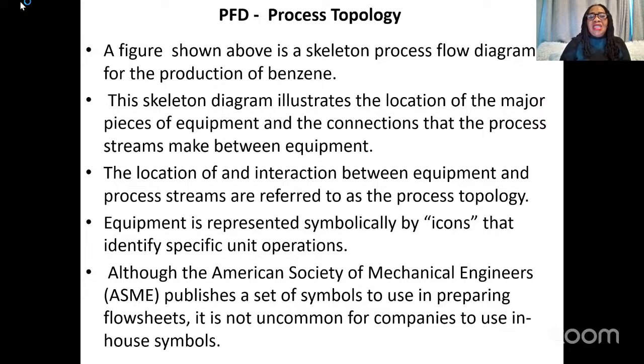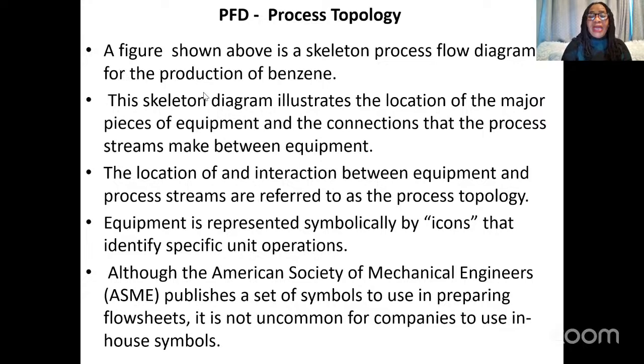The skeleton diagram, like the diagram I showed you, illustrates the location of the major pieces of equipment and the connections that the process streams make between equipment. In this lecture, I'll be going back and forth because I'll be using that figure 1 to do most of the explanation.